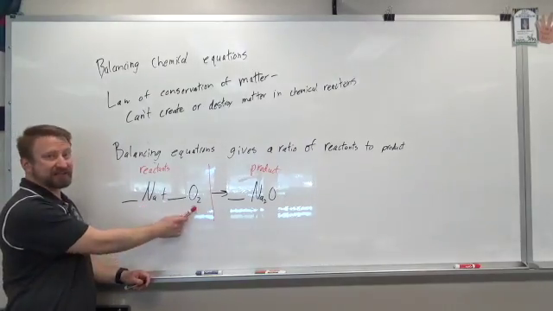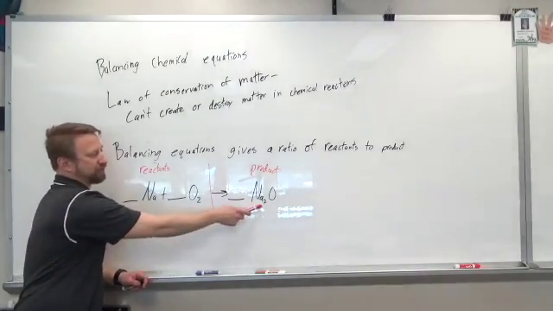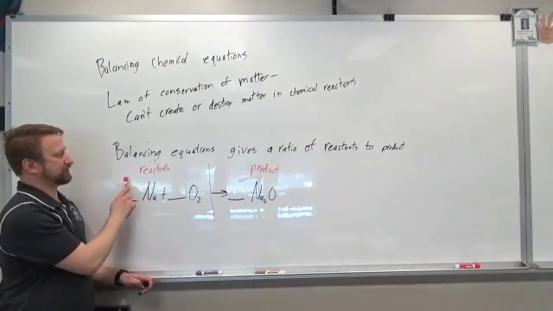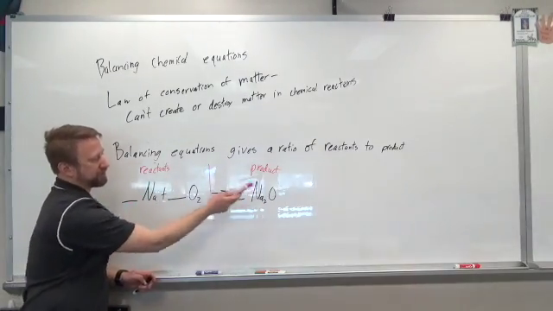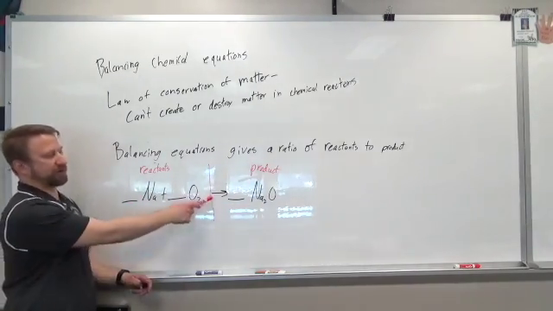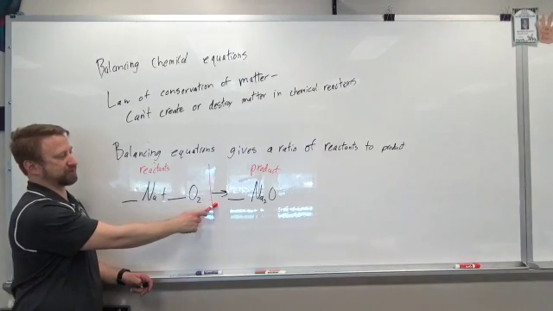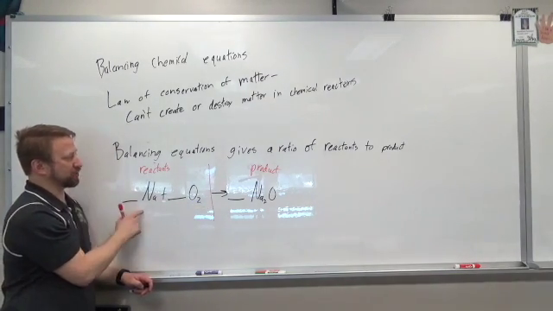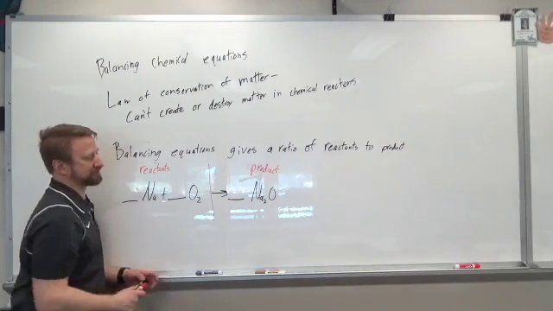These are what we're putting in to react together to form something else. These are reacting to produce. Our arrow tells us which way our equation's working. So we know we're mixing these, producing this.